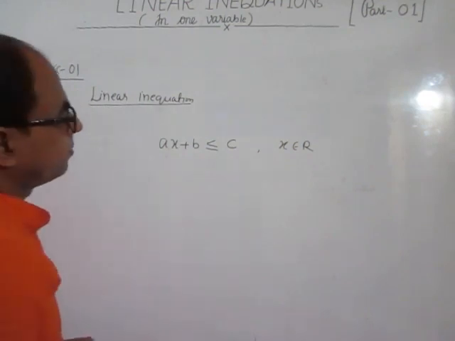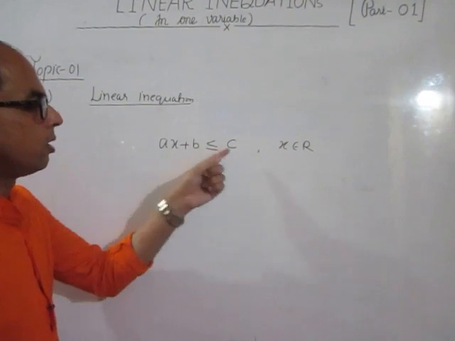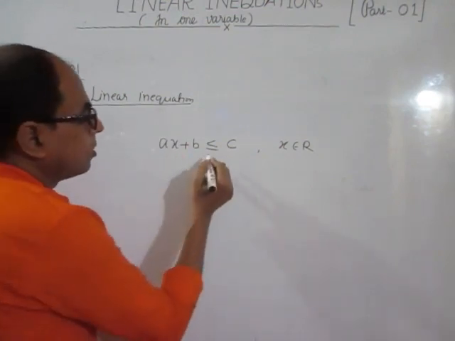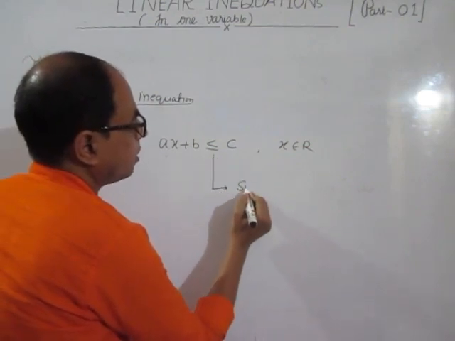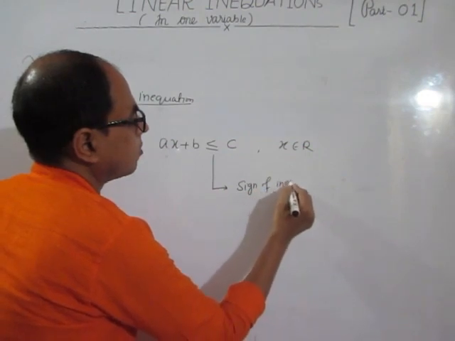Now here we have compared a linear equation with a constant. This sign is called the sign of inequality.